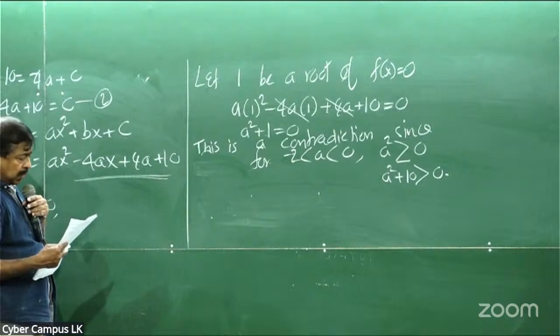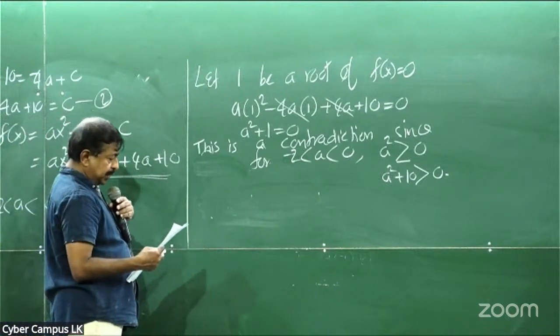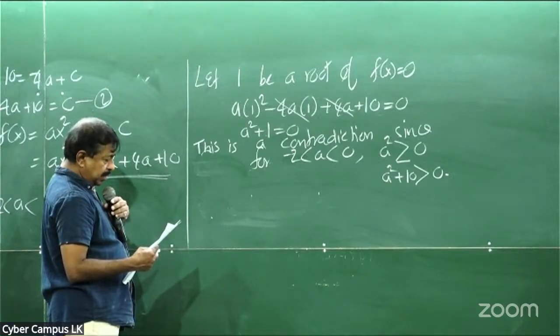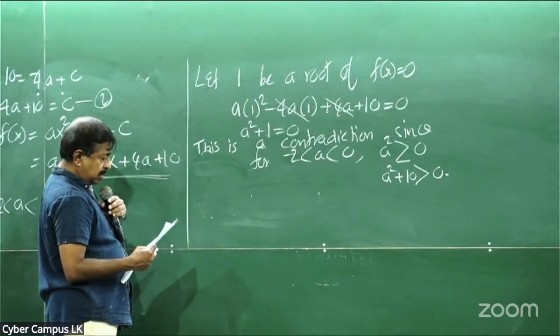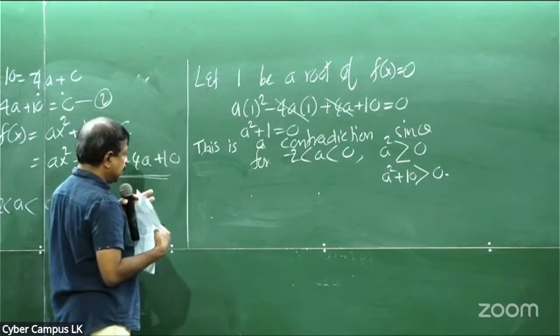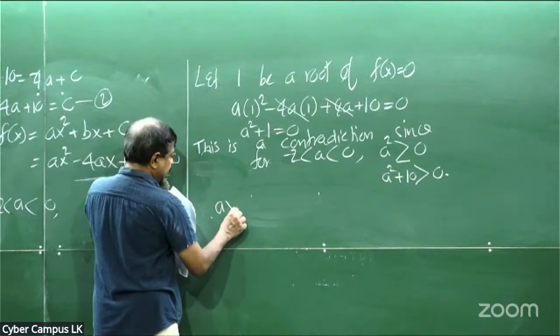Now, if the roots of f(x) is 0 are alpha and beta, find alpha plus beta, right? And alpha beta, you have to find both anyway. Now, this is the equation we have.